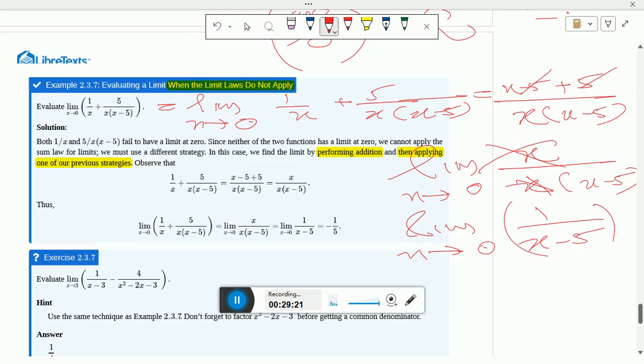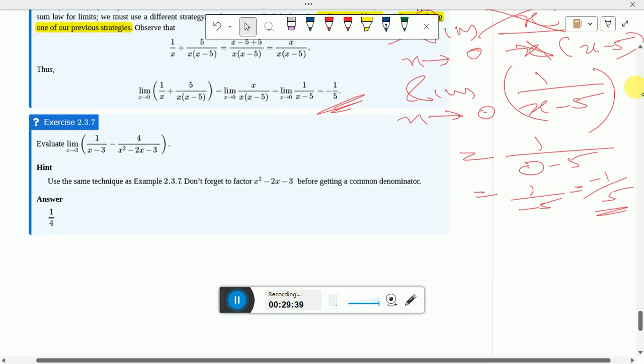If I directly substitute 0 for x, 1 over 0 minus 5, which is 1 over minus 5. So minus 1 over 5 is the answer for this question. This is how we can answer this type of question.